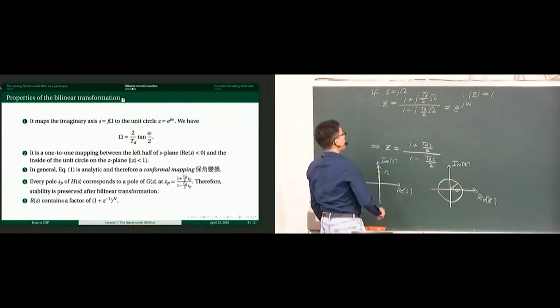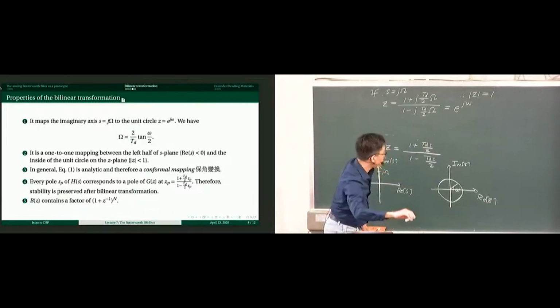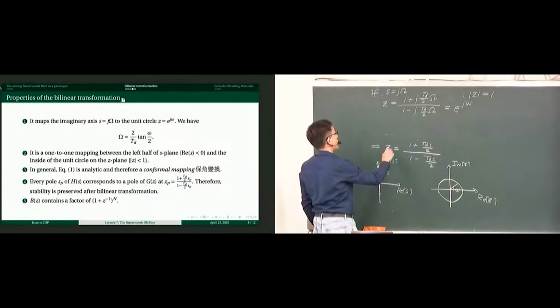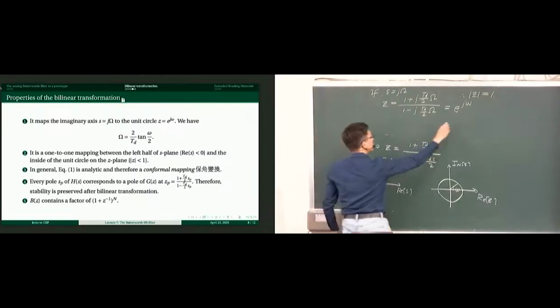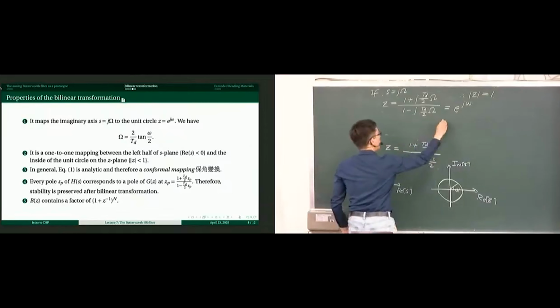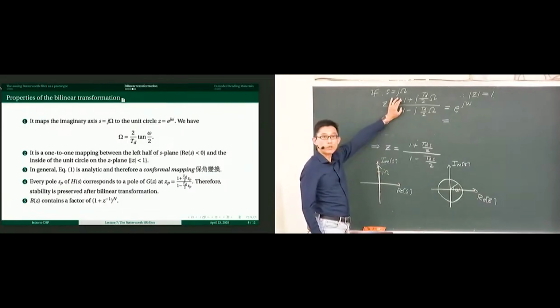And the way I like to write it is that, since right here we have a division, we're dividing one complex number by another complex number, the angle of the result should be the difference.